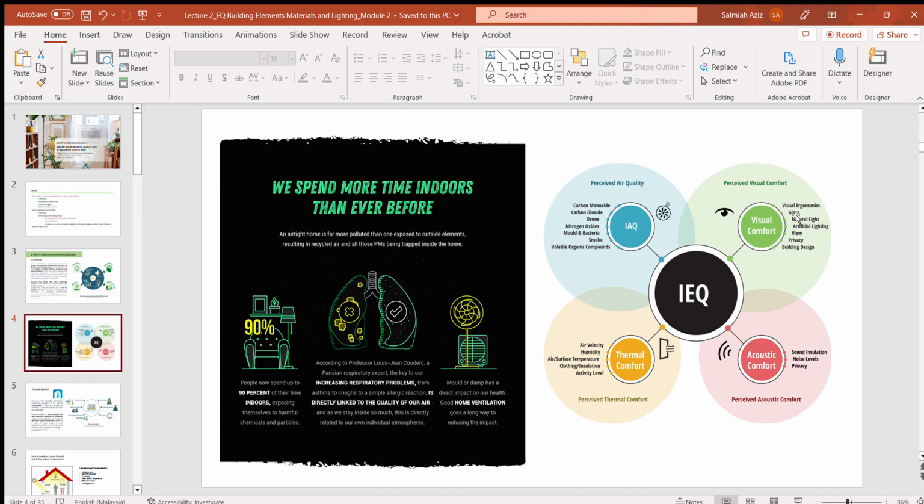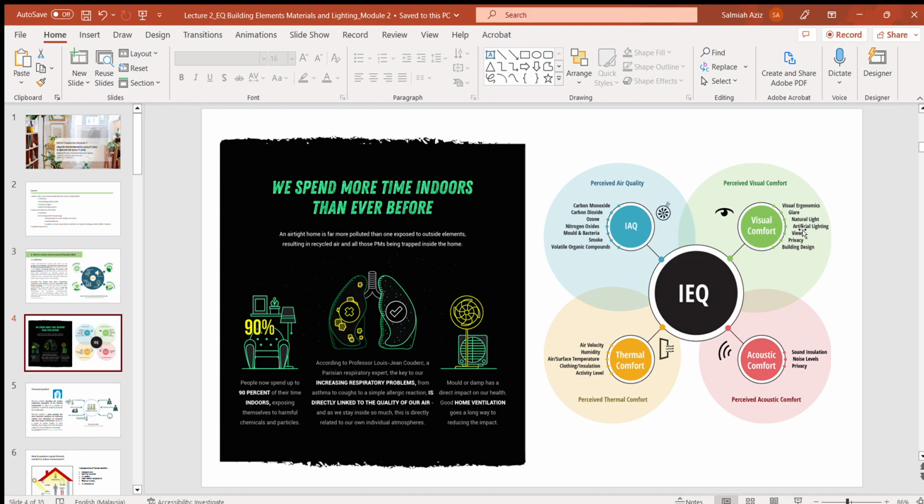For example, if the building uses natural light, it could impact the well-being of people more than not using natural light. The existence of natural light could increase the health of the people.